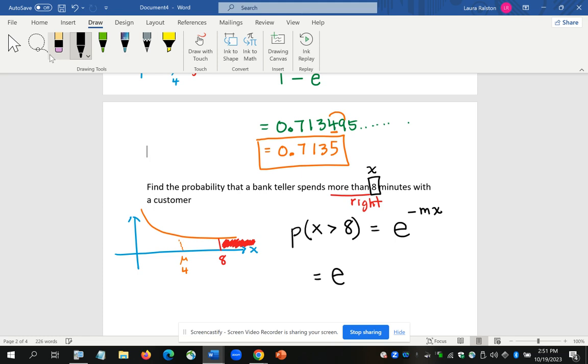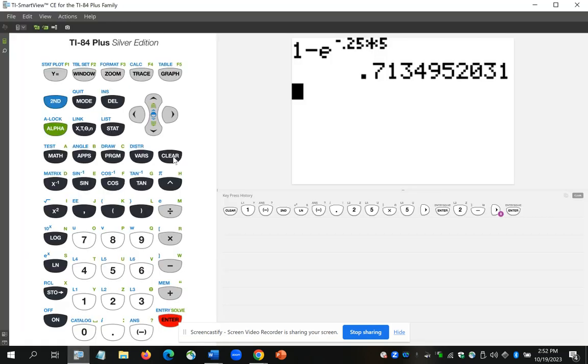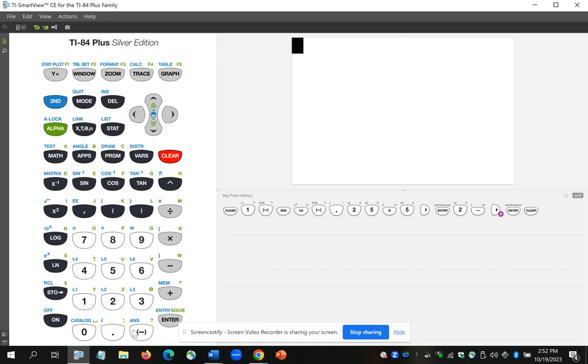So I have e to the negative 0.25 times the value of 8, which was given to me in the problem. Again, at that point, I go out to my calculator. Let me clear this out. Again, to get the e, it is the blue second button and then LN, and I have negative 0.25 times 8.